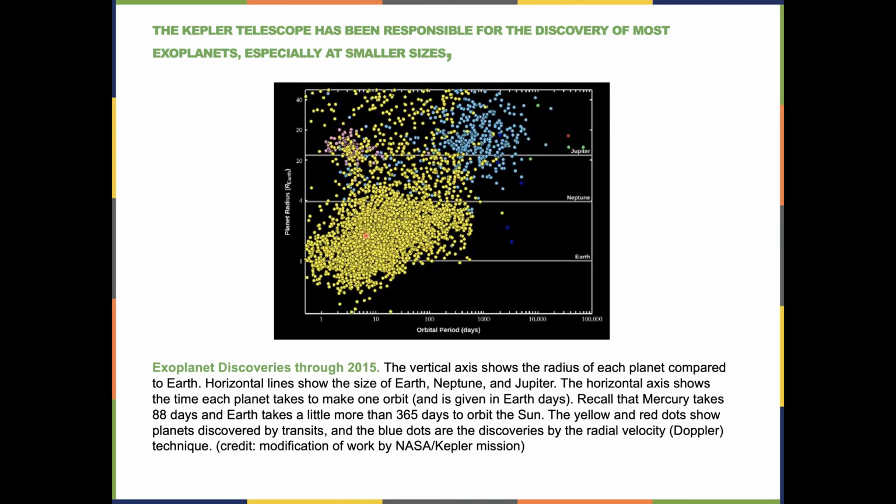This is actually a nice graph, where you can clearly see that when you use the Doppler method, statistically you have mostly detected planets that have larger orbital periods, and also they are large in size. Most of them fall into this area.